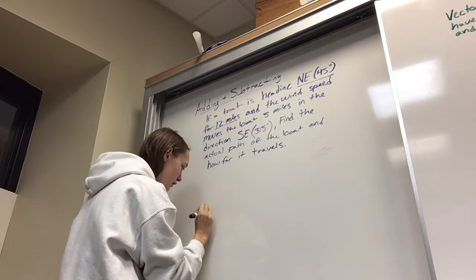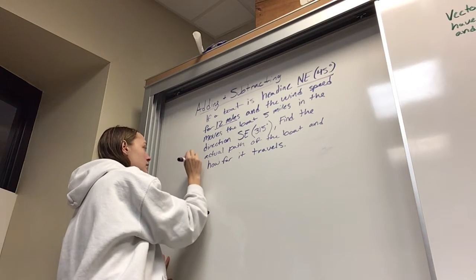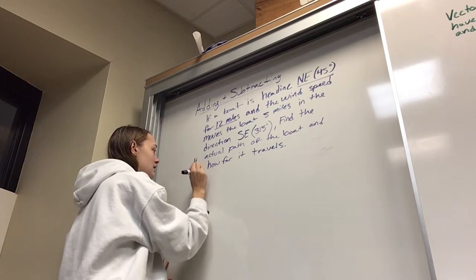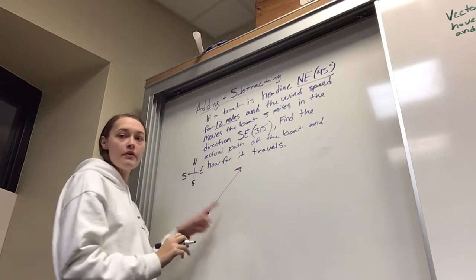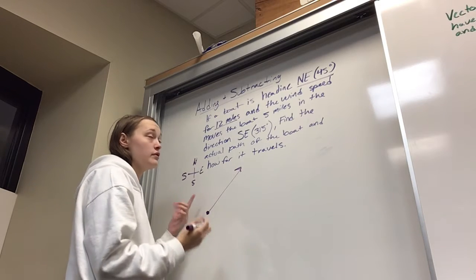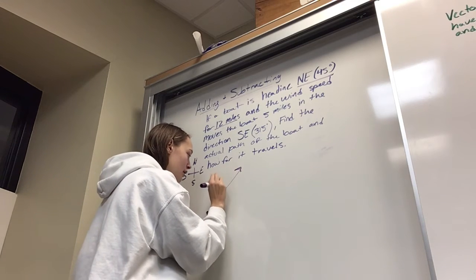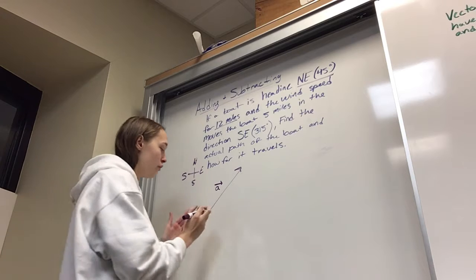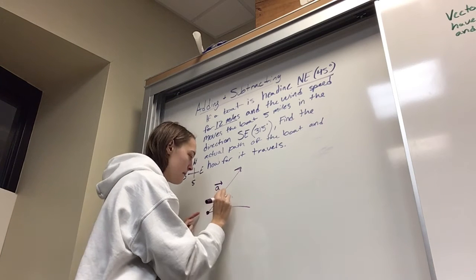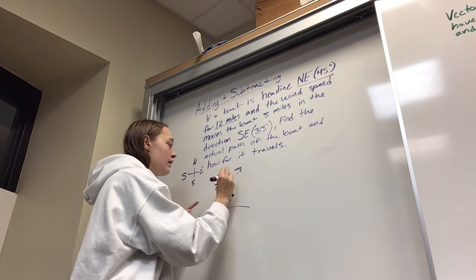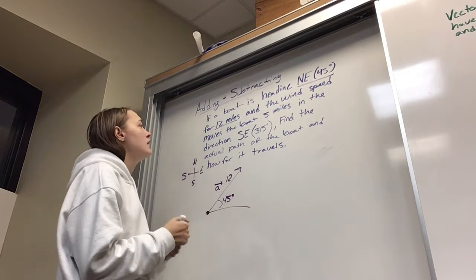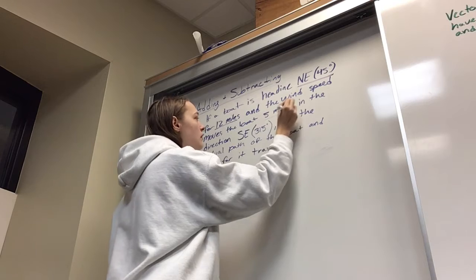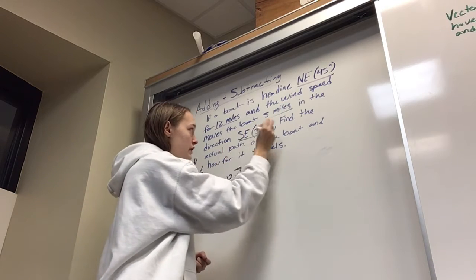So if we make a little compass rose, north, south, east, west, we can see that our first vector, which I'm going to call vector A, is going 45 degrees for 12 miles. Our second vector is going 5 miles at 315 degrees.